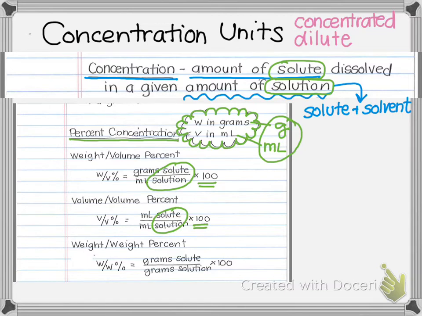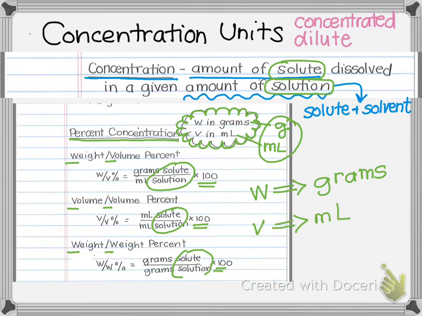So even though there's three equations, which seems kind of overwhelming, the difference has to do with what you're comparing. And so then that difference is reflected in the units. Remembering that if we're comparing the weight, that will be in units of grams. And if something's comparing the volume, that's going to be in units of milliliters.